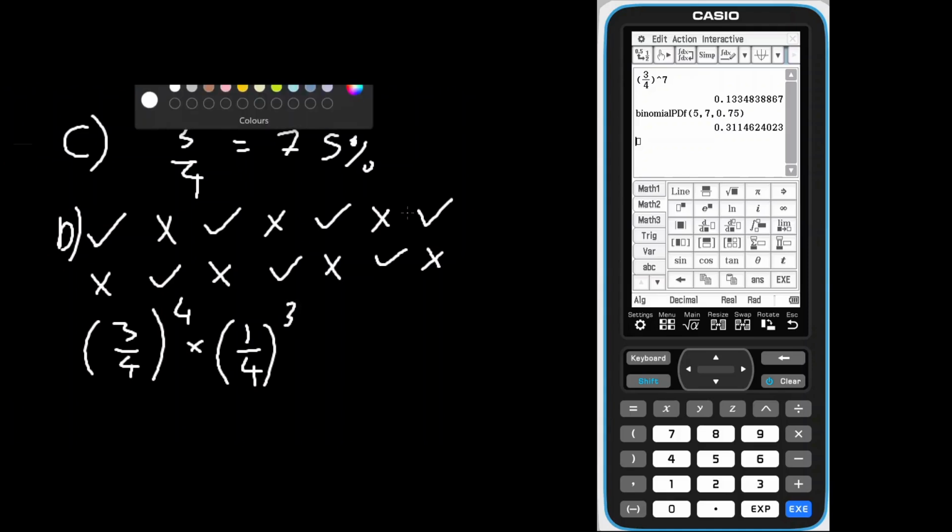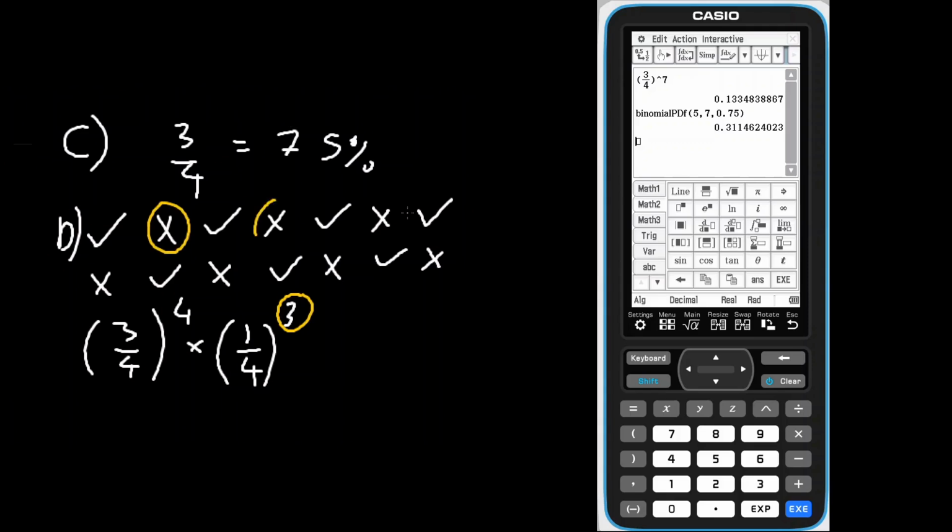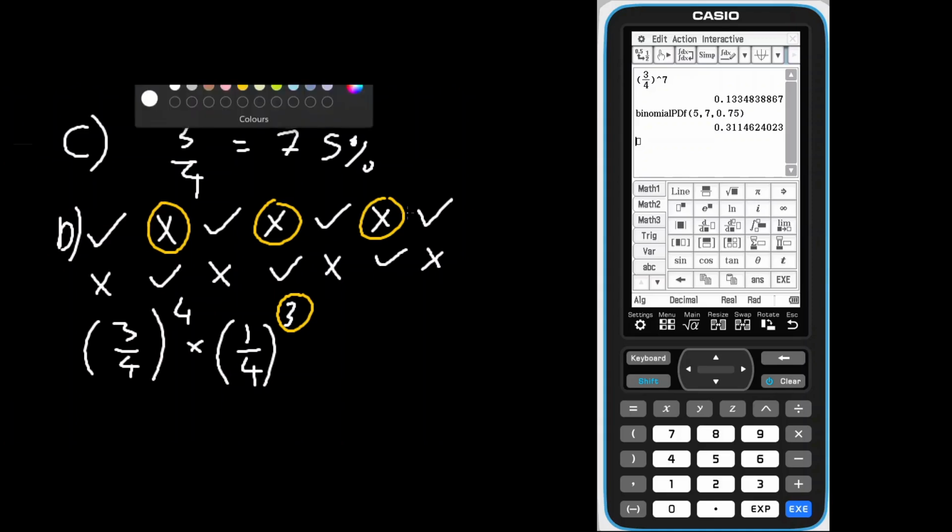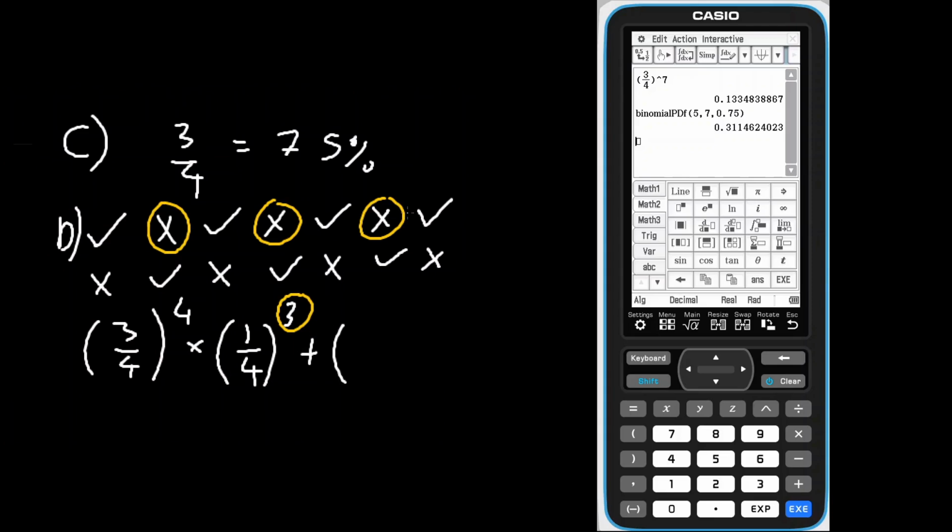So hopefully you can see that these numbers here correspond to these ones. All right, now it's or, so we've got the first line, or she can have 3 yeses and 4 no's. So when or in probability normally means plus for independent events.